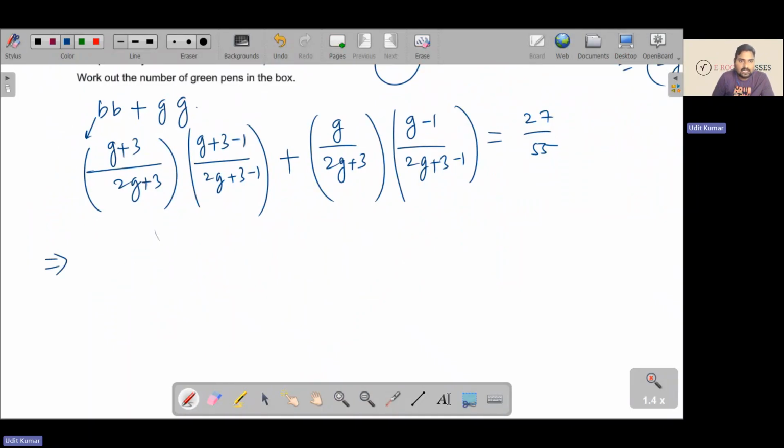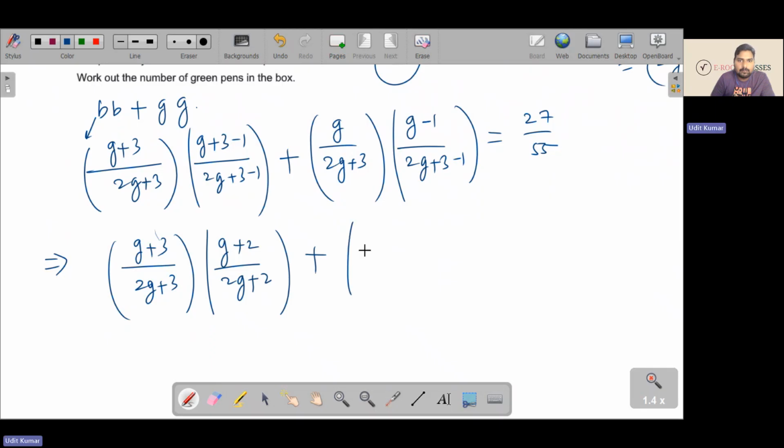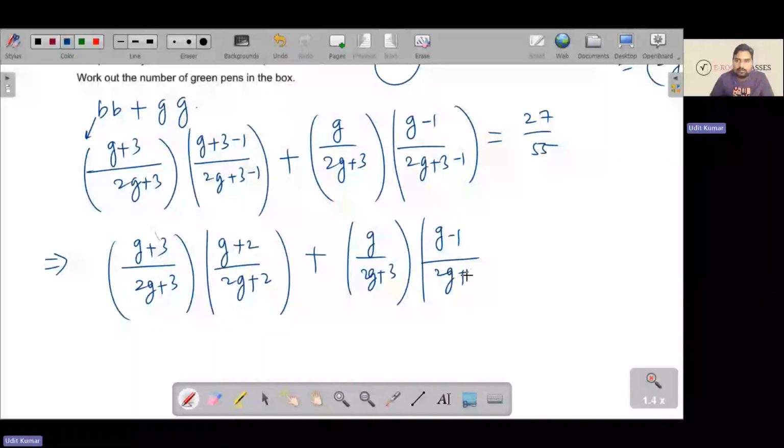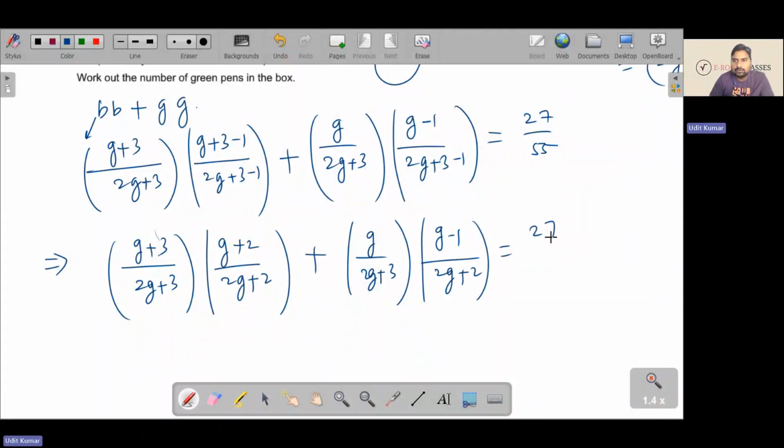Now this implies that, let's try to simplify it: G plus 3 divided by 2G plus 3, and on this side, it will be G plus 2 divided by 2G plus 2, plus G divided by 2G plus 3, and G minus 1 divided by 2G plus 2, equals 27 divided by 55, right?